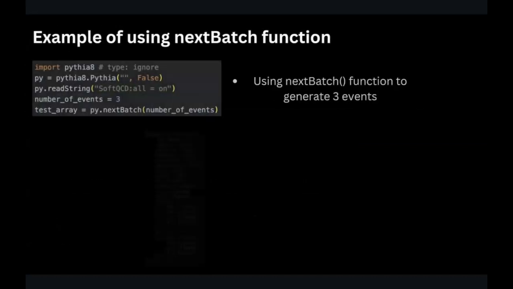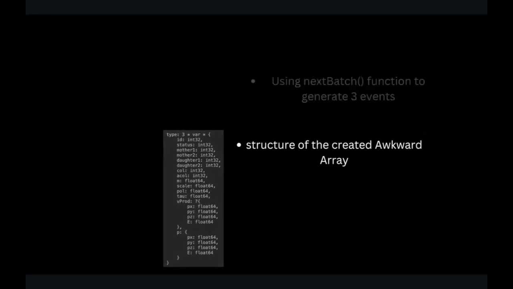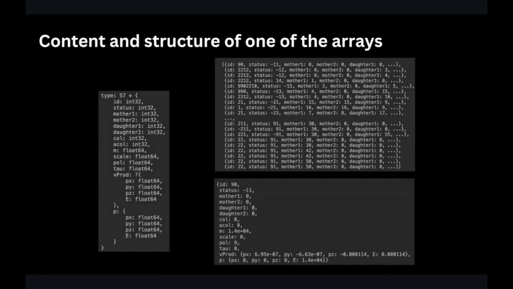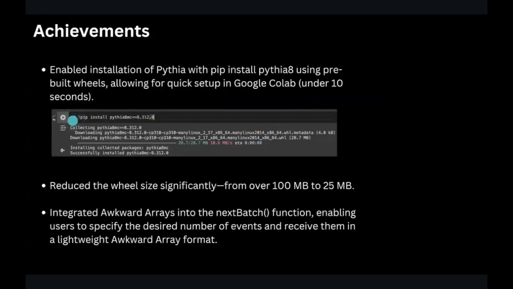So, Matthew? Hey, thanks for the nice work and the nice talk. Maybe following up on the previous question: the package name on PyPI is Pythia 8MC, but the library name that you import is still Pythia 8.